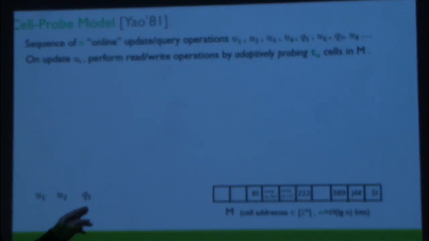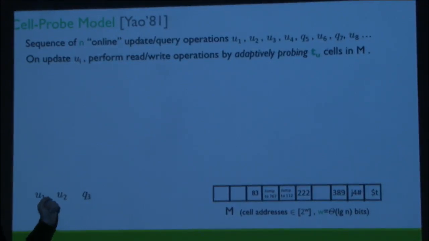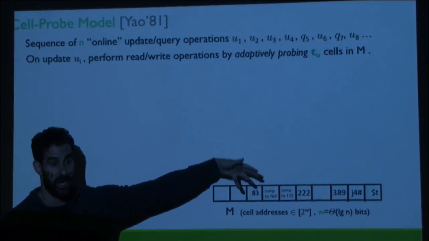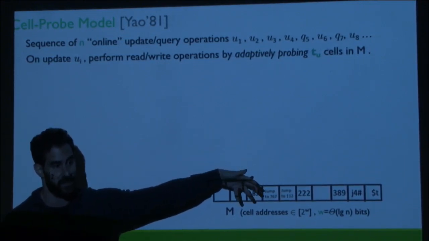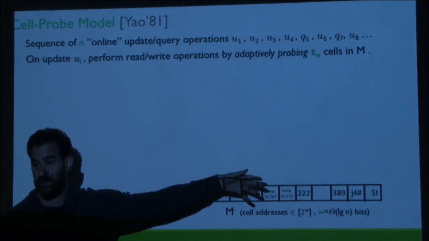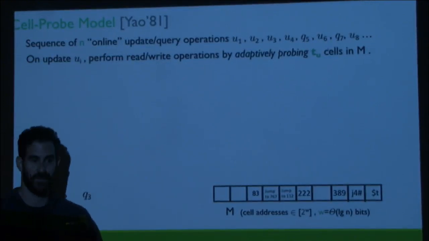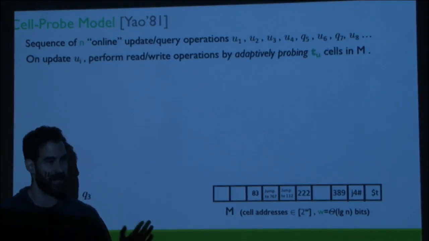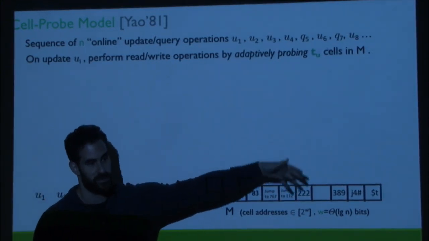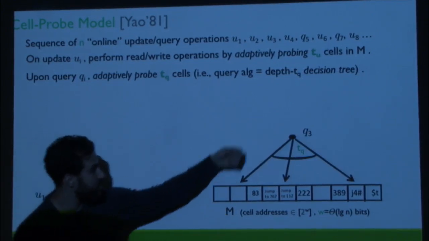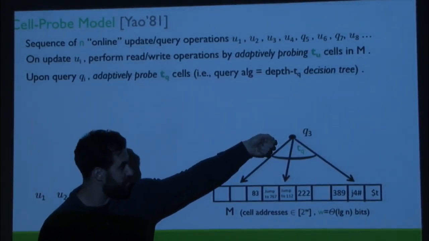And then upon a query, I should say the update time is just the number of cells that you touch, that you probe, either read or write. What you choose to do with those cells, you can solve NP-complete problems, we don't care. All we care about is how many cells you touch and probe. Upon a query, the same story. We're prompted with a query.